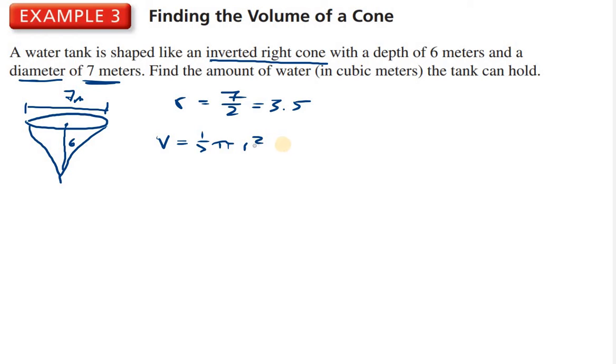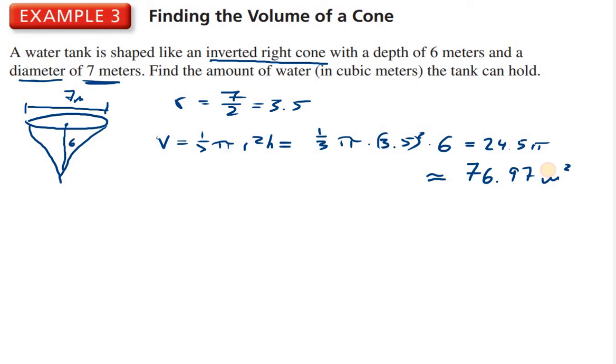This time we need to make sure we're squaring it, not to forget that again. 1/3 times pi times, oh, but I'm forgetting the height. Making lots of mistakes here, times the height, there we go, times 3.5 squared times 6, and then you type that in and you get about 24.5 pi, or approximately 76.97. And this is in meters cubed.